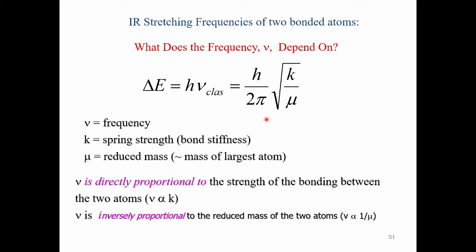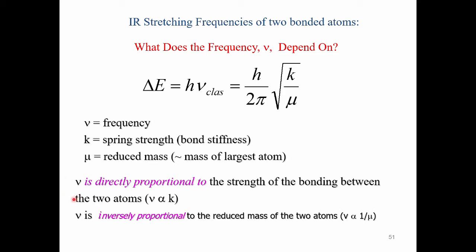And so these stretchings cause the bonds to act like a spring, which is why we have a spring constant for the actual bonds. And then it is the spring constant divided by the reduced mass.